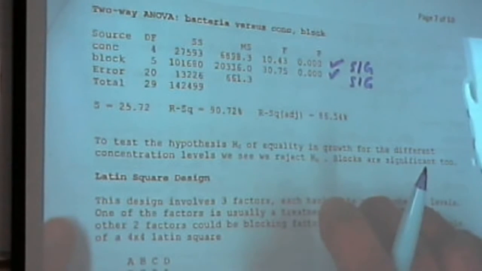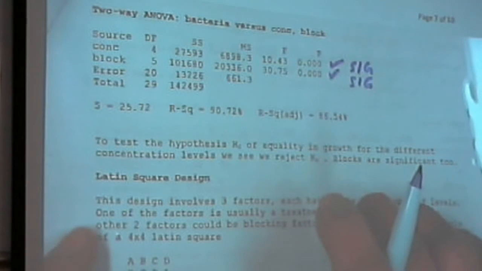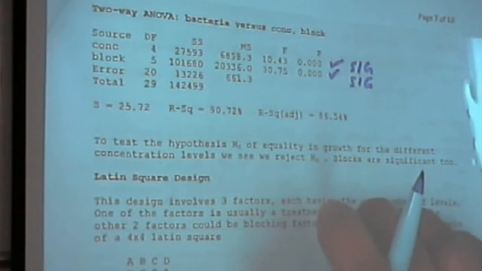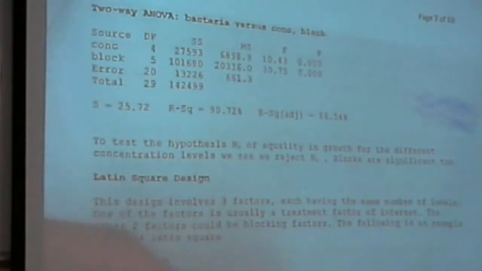Now, the researchers are most interested in the concentration variable, right? What concentration should I use to get the highest response? So if you look back on the previous page, right there.